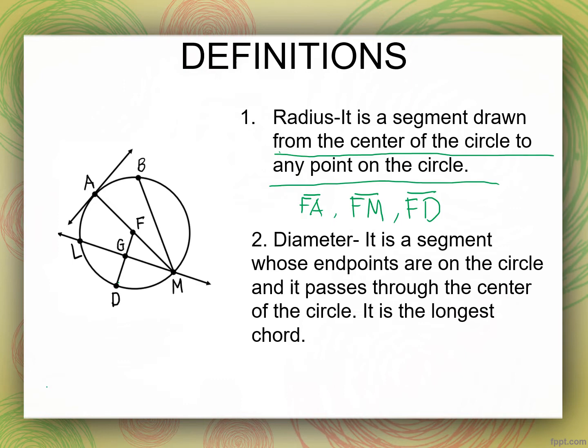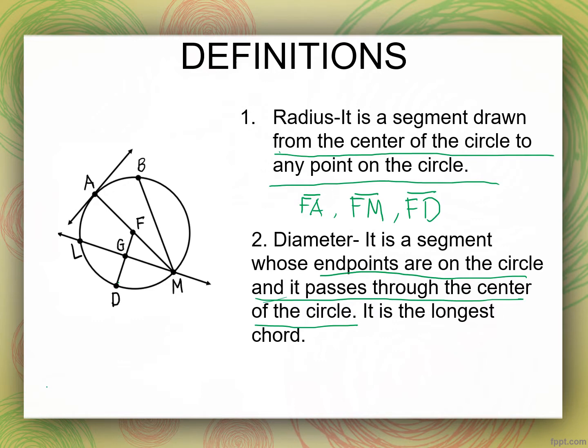Second one, diameter. So diameter is a segment whose endpoints are on the circle and it passes through the center of the circle. Note that it is the longest chord, which we will define after this.